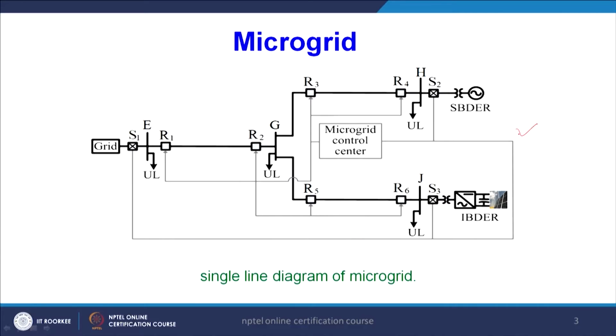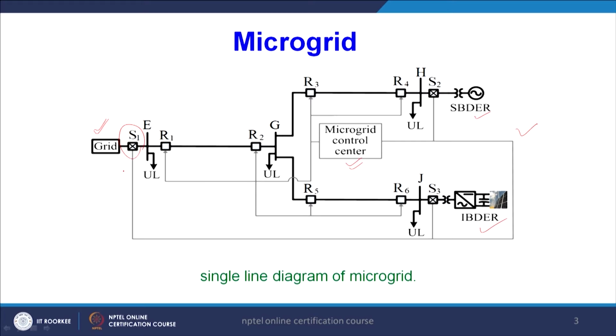In this microgrid system, we have the main grid, and here is our IBDR, the inverter based distributed energy resource, and here is SBDR, the synchronous based distributed energy resource, and here is the microgrid control center. This microgrid control center will receive information from all the switches.